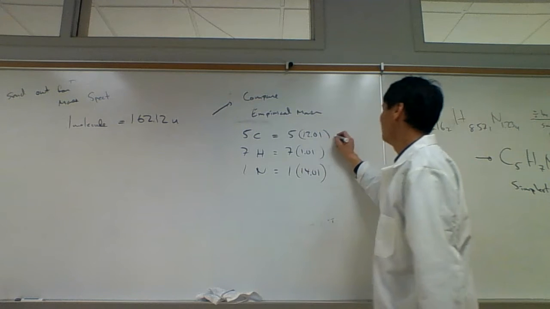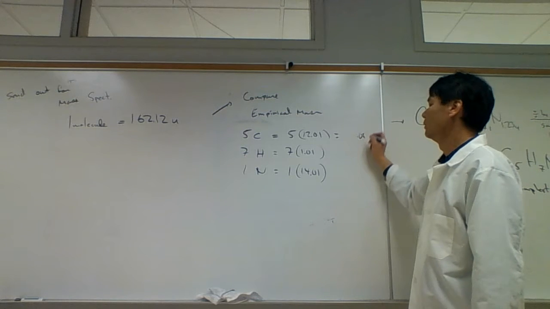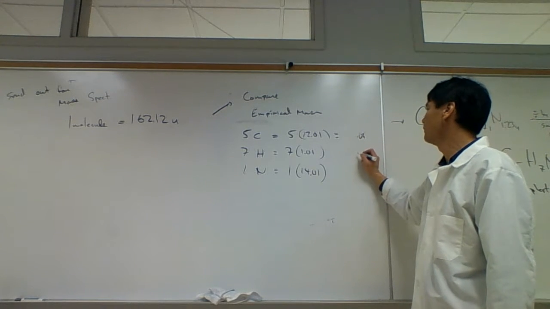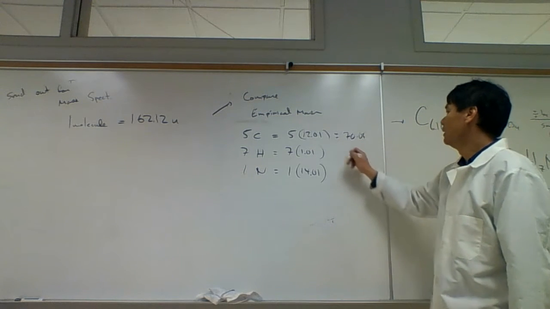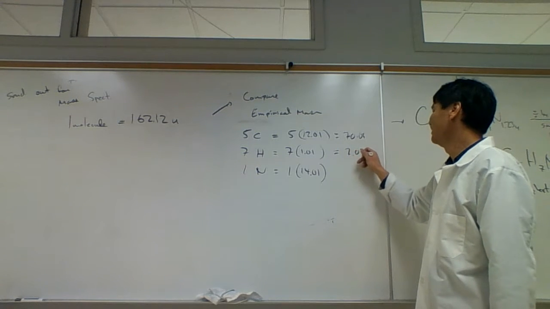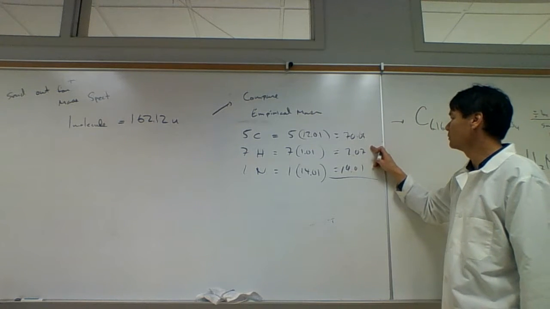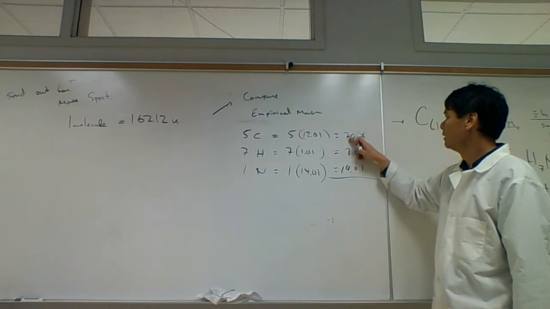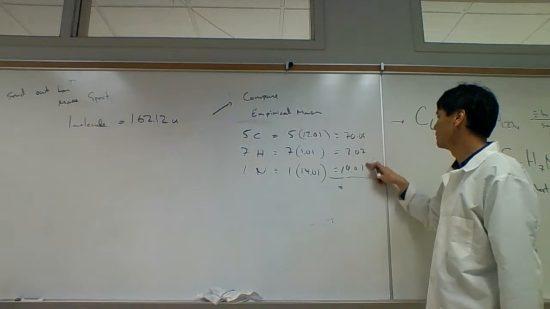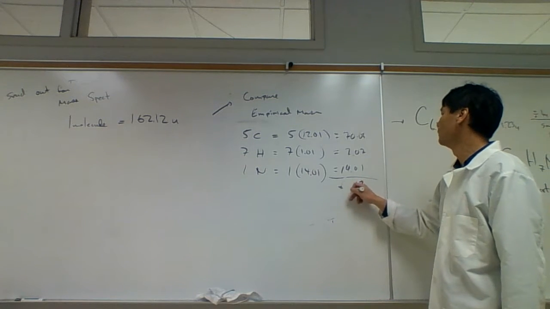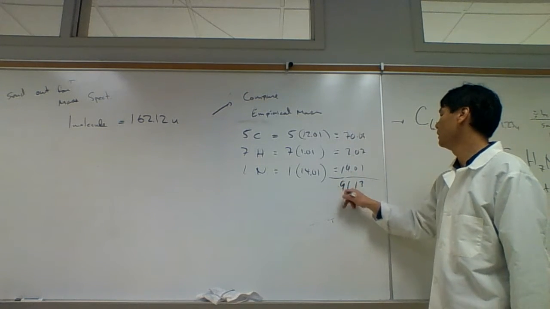All right, so 5 times 12 is 60, 7 times 1.01 is 7.07, and then we have 14.01. Let's add it up: 60.05 plus 7.07 plus 14.01.